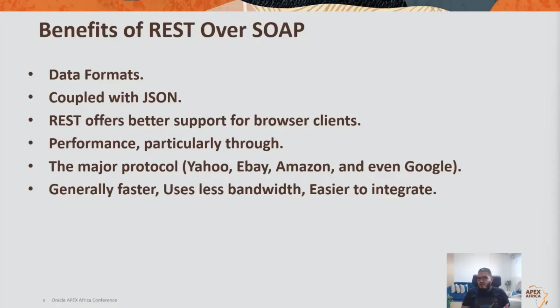Thanks to JSON, REST offers better support for browser clients. REST provides superior performance, particularly through caching for information that's not altered and not dynamic. It is the protocol used most often for major services such as Yahoo, eBay, Amazon, and even Google.